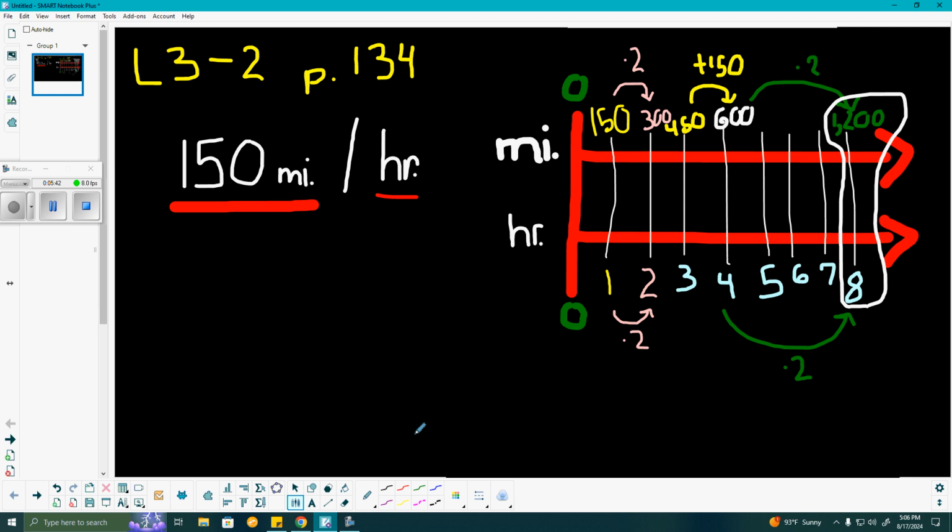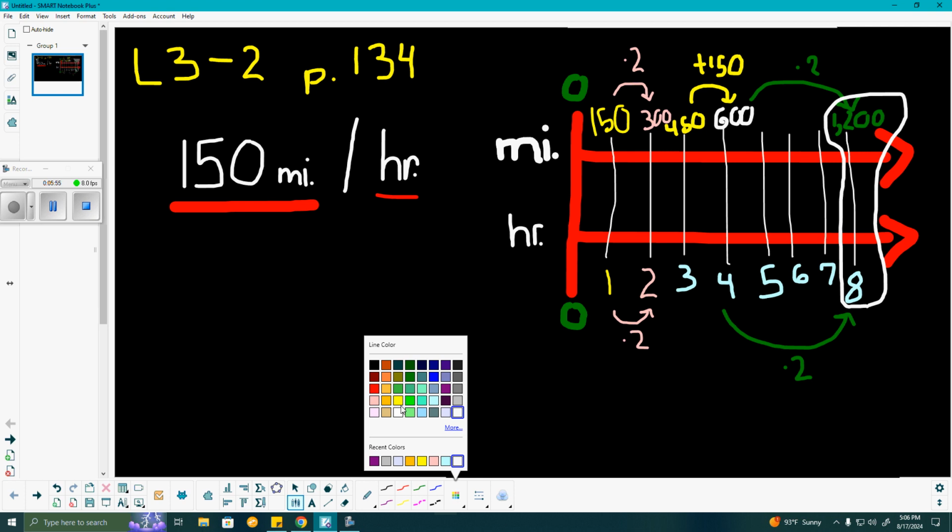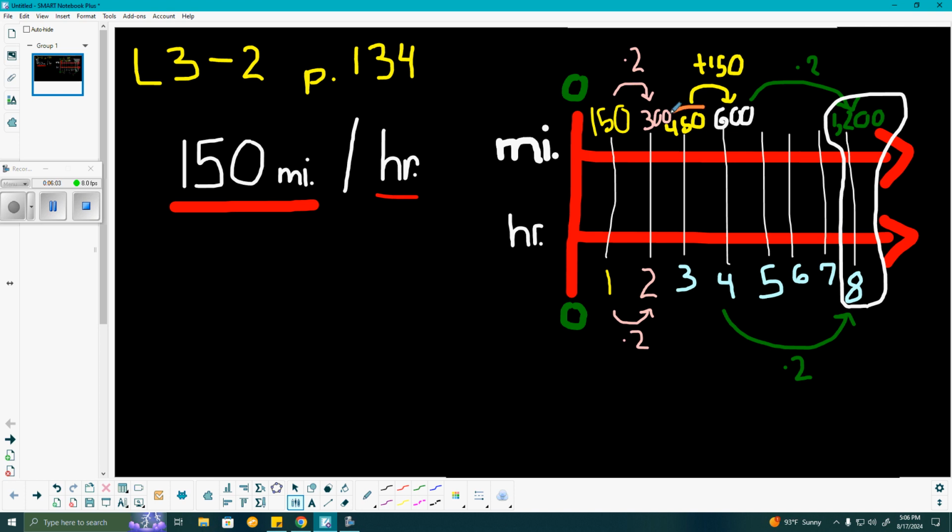Let's revisit our question. If the train were able to travel at its maximum speed for the 450 miles between Boston and Washington, D.C., how long would the trip take? I'm going to find my miles, 450. Let me choose a different color. I see 450.